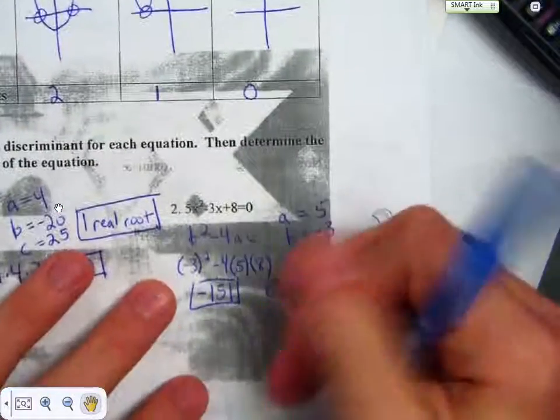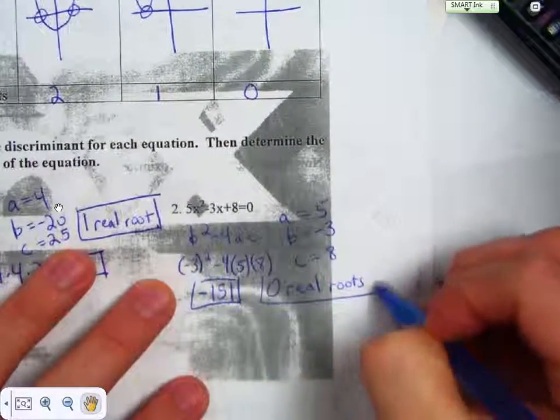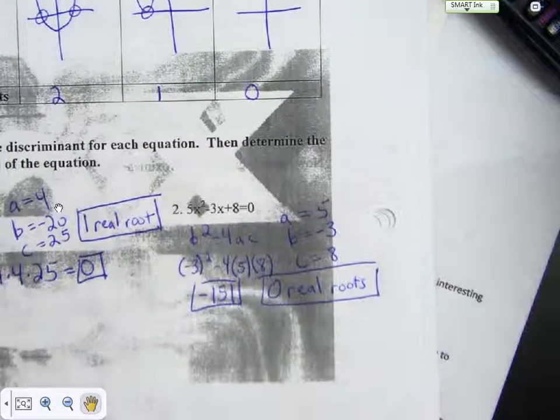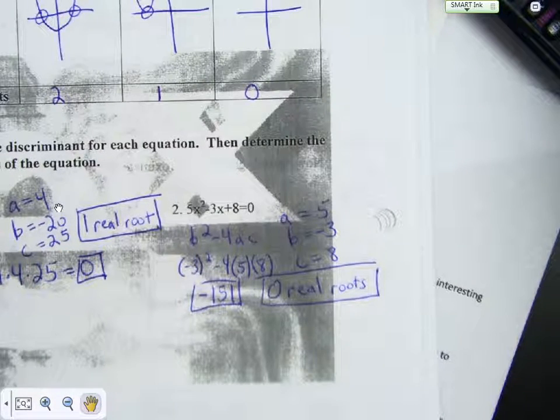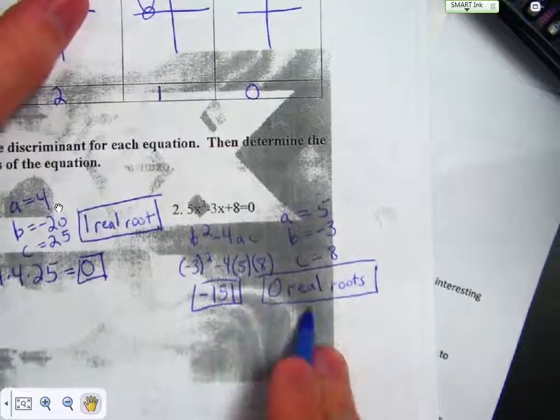Now, I hope none of you would just box -151 and box 0. If you do, I don't know which one's supposed to be your discriminant. 151 doesn't really make sense for the number of real roots, but do make sure that you at least tell me how many real roots there are. And that is to say, 0 real roots.